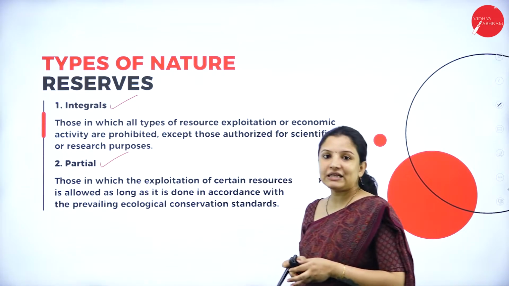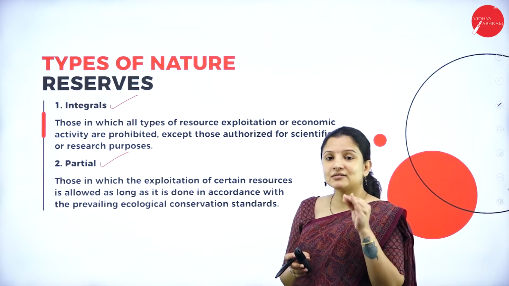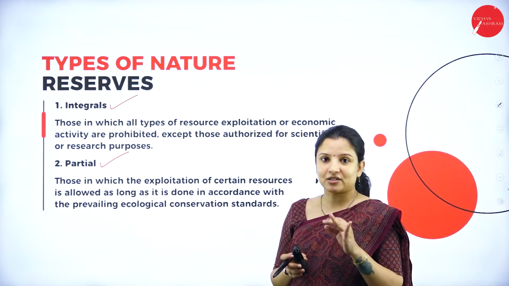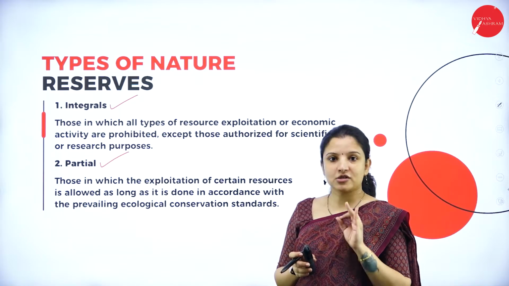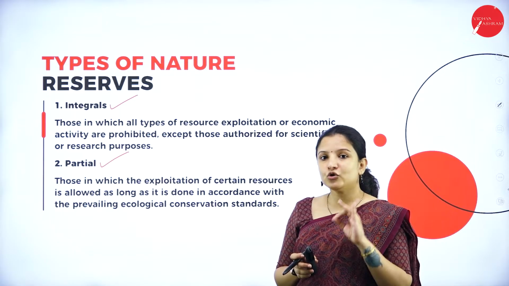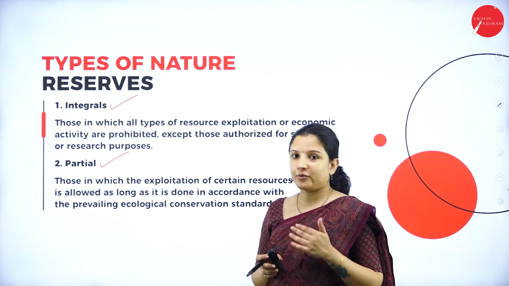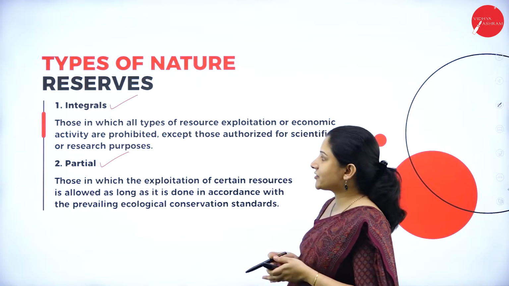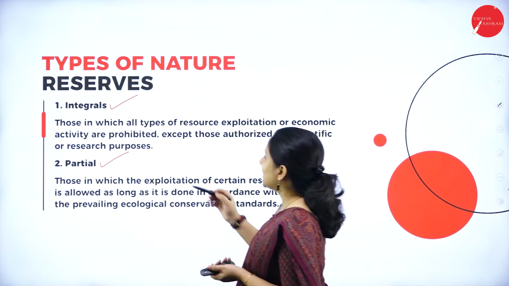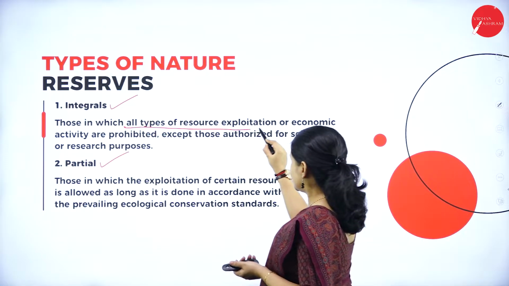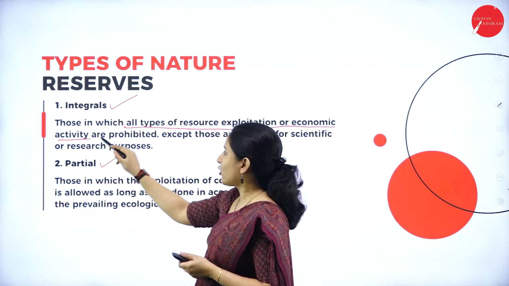So talking about integral nature reserve. Integral nature reserve means that area is completely restricted. Apart from using that particular area only for research or study purpose, other human interventions like going for a safari, all that activity is prohibited here. So therefore, integral nature reserves are those nature reserves or protected areas in which all types of resource exploitation or economic activity are prohibited.